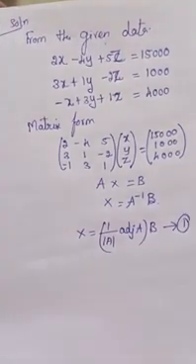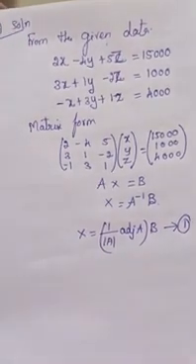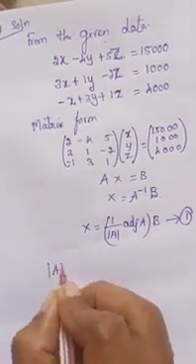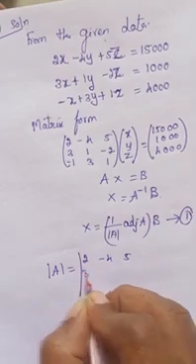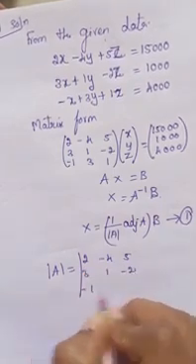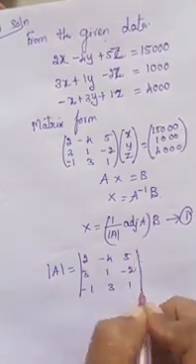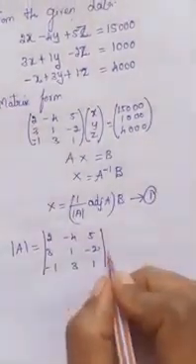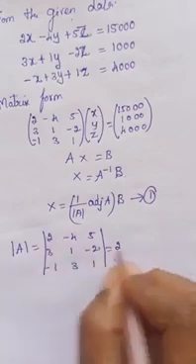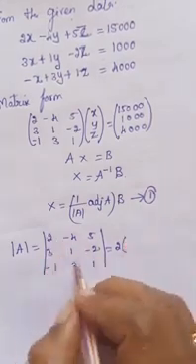So now we need to find out determinant A and adjoint A. Say determinant A is equal to determinant 2 minus 4, 5, 3, 1, minus 2, minus 1, 3, 1. Shall we find out the answer? Or here itself we can write that is 2 into, first value 2 into, leaving the row and column.